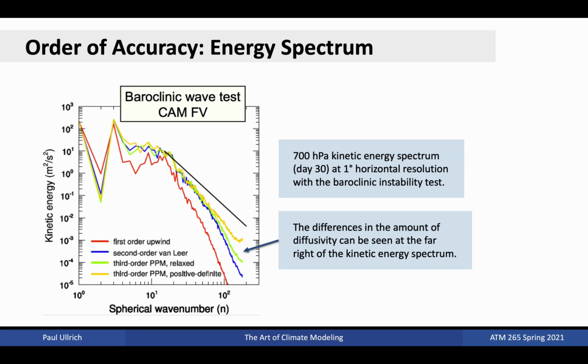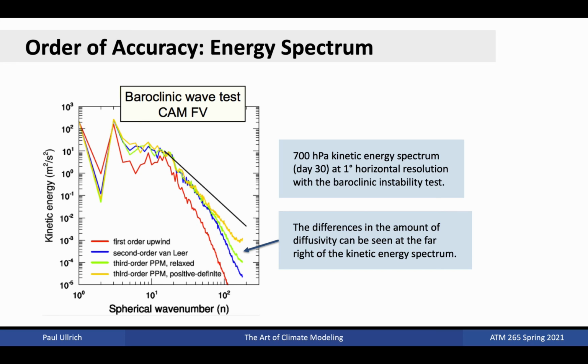This plot shows the 700 hectopascal kinetic energy spectrum from each of these simulations, taken out to 30 days. The first-order scheme shows a loss of energy at effectively every scale because of the over-smoothing from the scheme's implicit diffusion. The remaining methods are largely indistinguishable under wave numbers of 60 or so, which reflects how higher-order methods primarily target the energy in wavelengths close to the truncation scale.